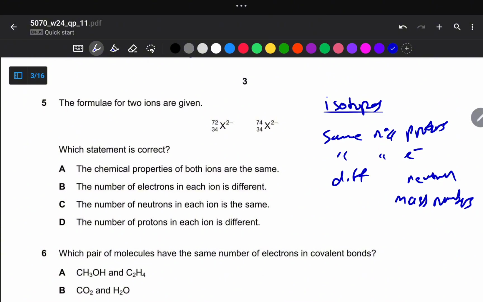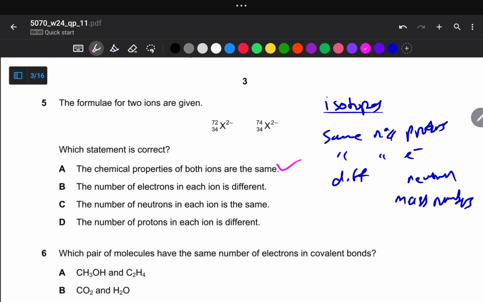The first statement says the chemical property of both ions are the same. The chemical property of atoms are governed by the electronic configuration. These two ions have got the same number of electrons, so meaning to say they've got the same chemical property. So this becomes true.